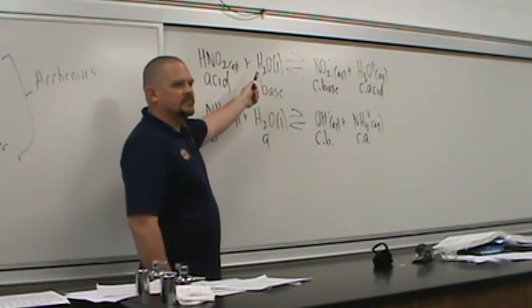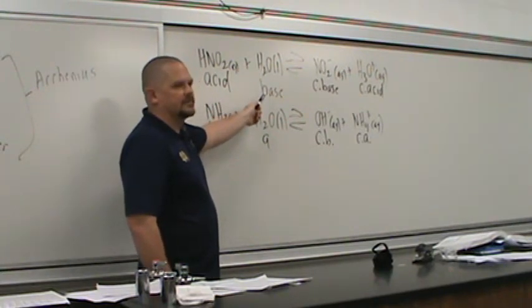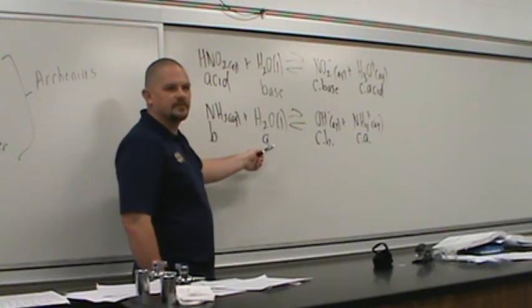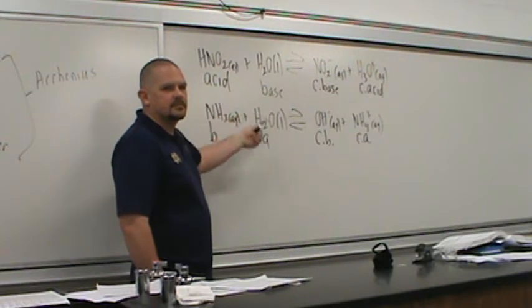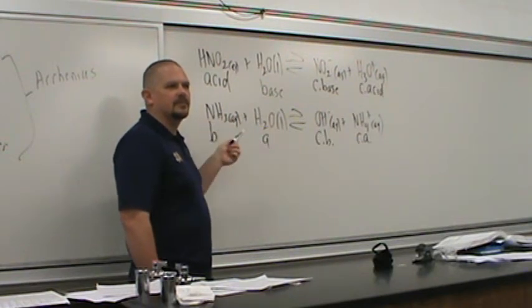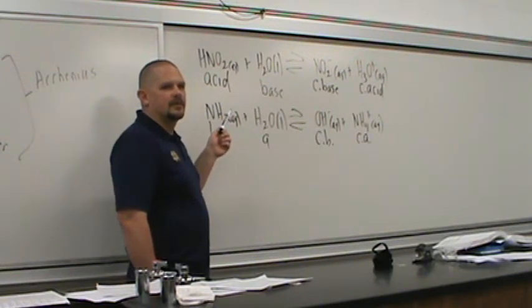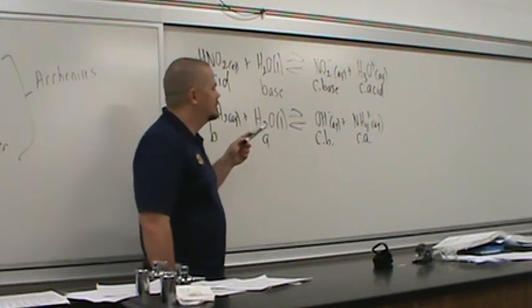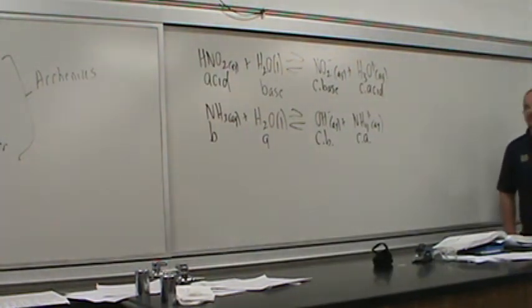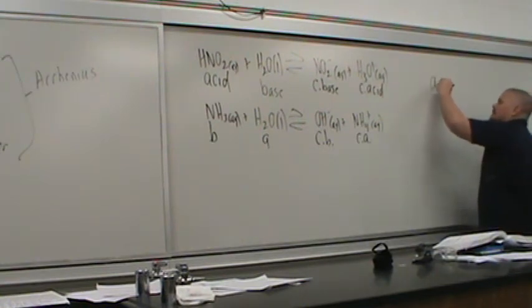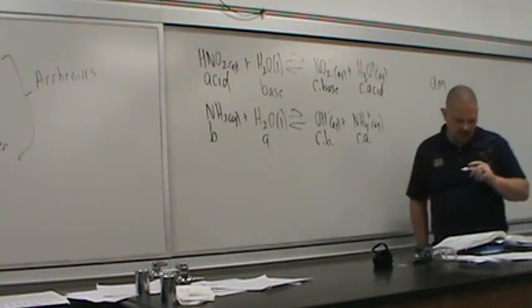Water in one reaction is behaving as a base. In another reaction it is behaving as an acid. How can this be? Anybody know? Anyone ever heard of this word?